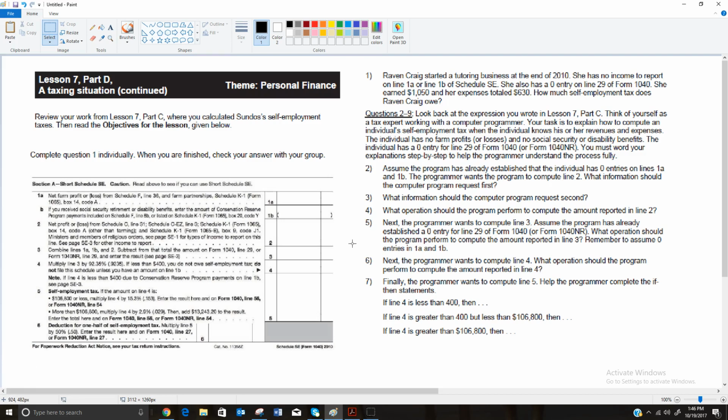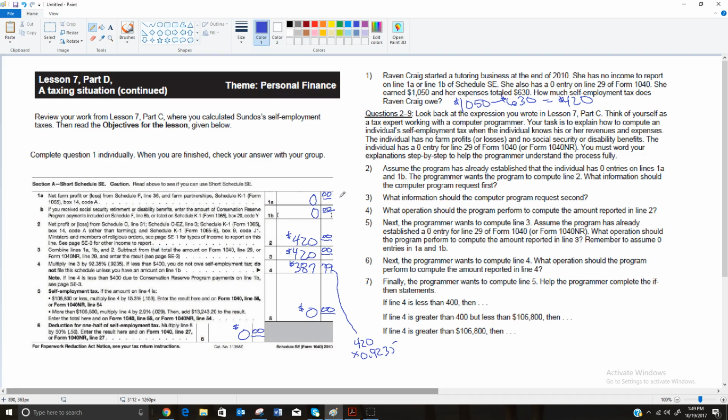So now I would pause this at this point and try to fill this form out to the best of your ability and see how you do, and then turn it back on. So if you tried this on your own, did you get an answer that Raven Craig owes no self-employment taxes? Now remember, we have to do all the little if-then things here.